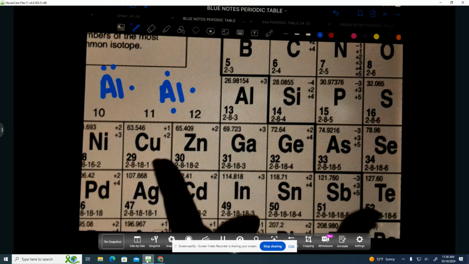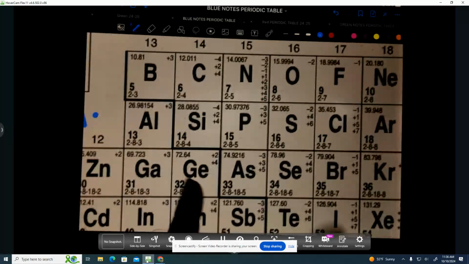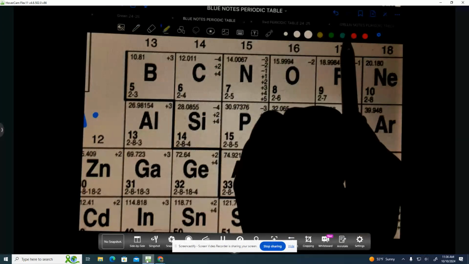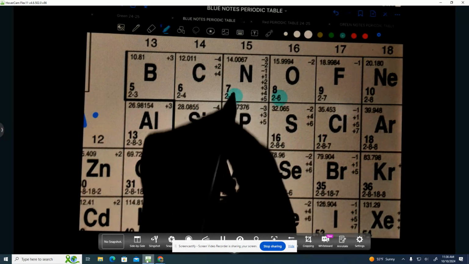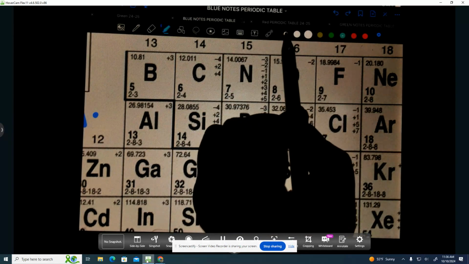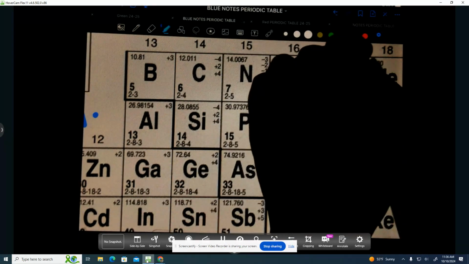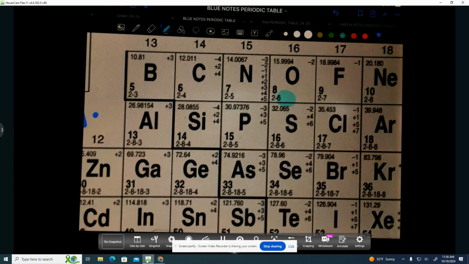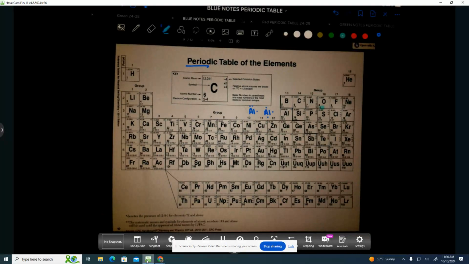Either one works. The number of dots will always be this very last number. I know that's a big highlighter there, so it highlighted both numbers, but you get the idea. Just that last number. That's called a Lewis dot diagram.